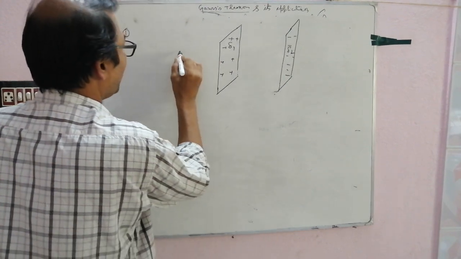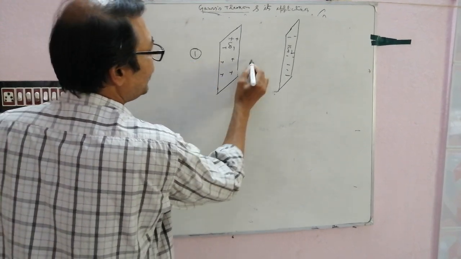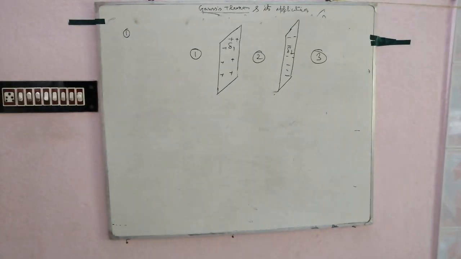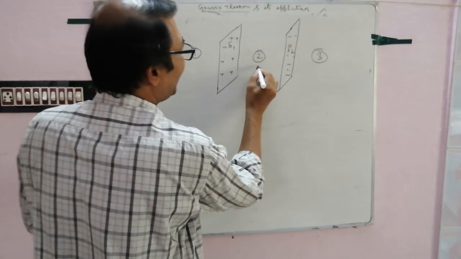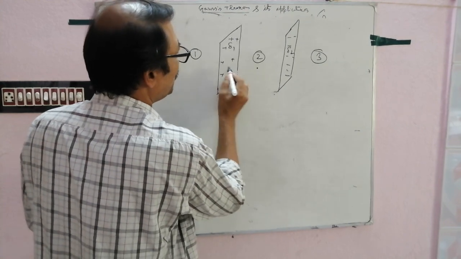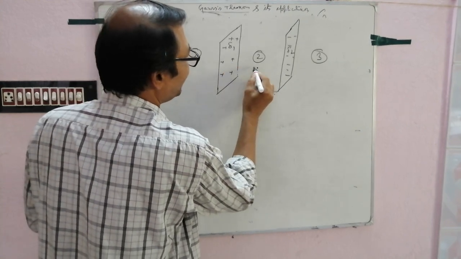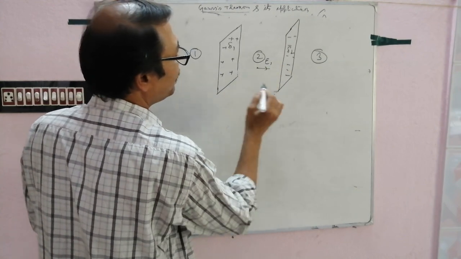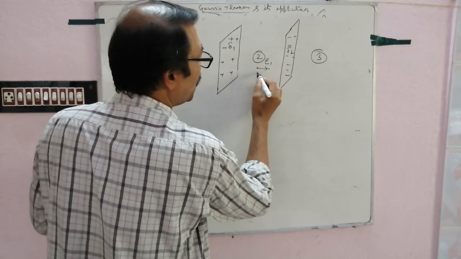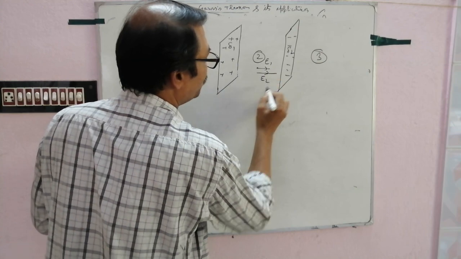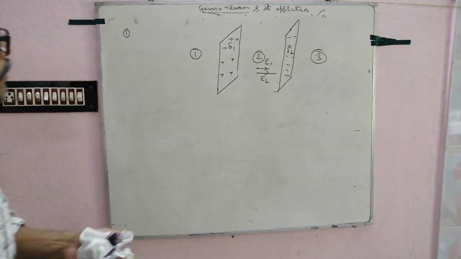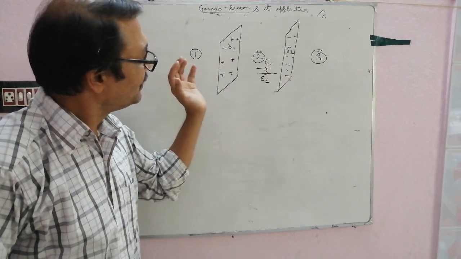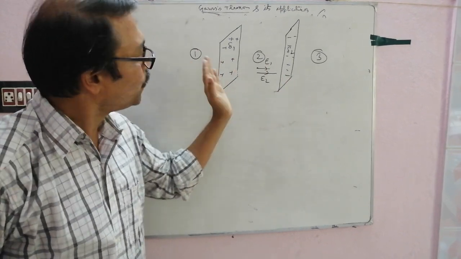This is area 1, this is area 2, and this is area 3. Follow the field in area 2: for the positive charge the field is in this direction, that is E1; for the negative charge also in this direction, E2, because the flux is coming out of one and going inward to the other.